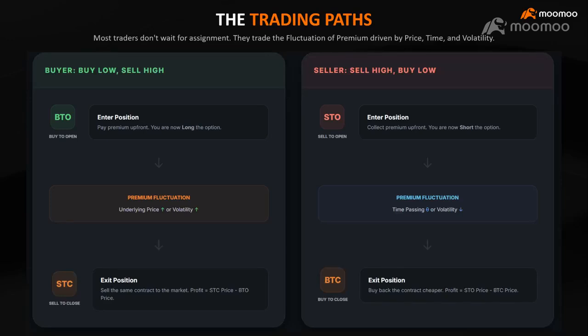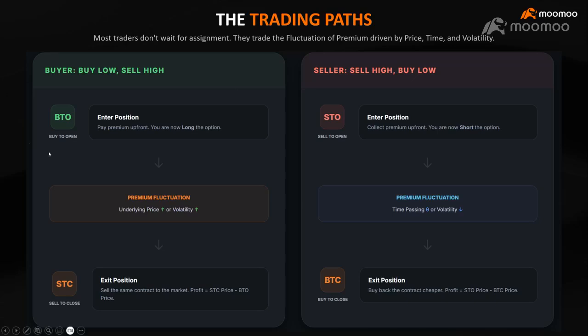So the second part is the trading part. Remember what I mentioned, most people don't want to wait for the assignment, or maybe they don't want to exercise, because if you're buying the underlying, it can be very expensive. Seriously, for the majority. I'm not saying all of them, but the majority of retail traders, because of their account size, don't want to exercise the underlyings unless they really want to keep the stock and have the money for it.